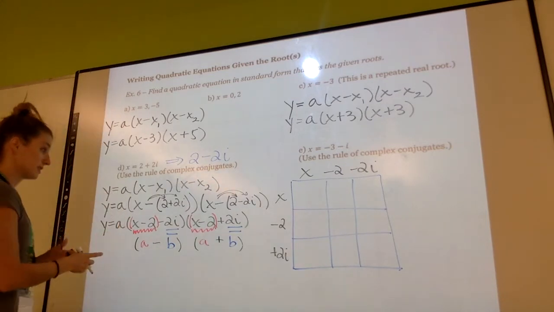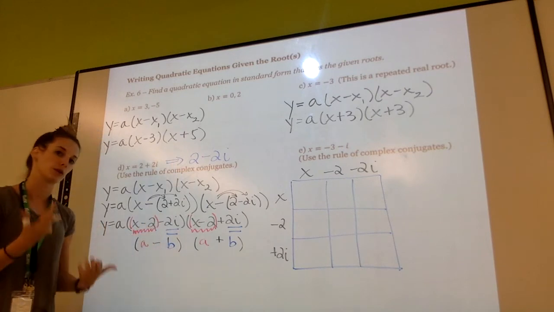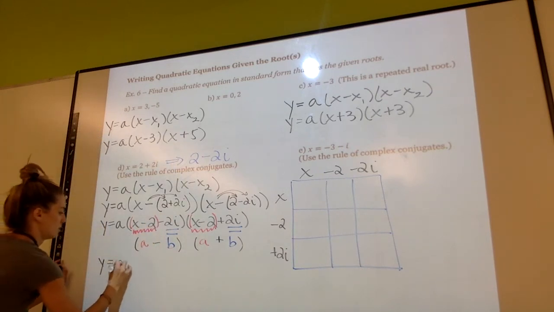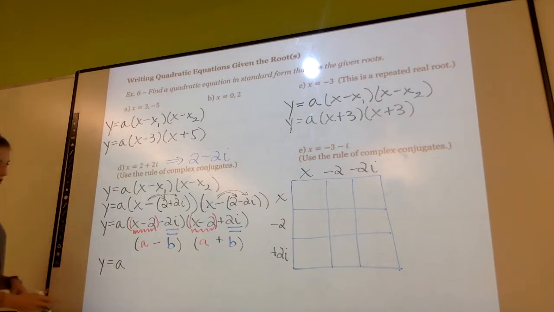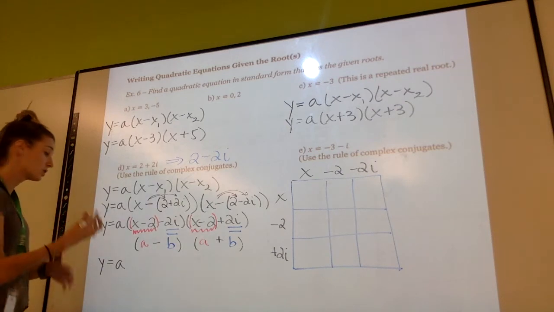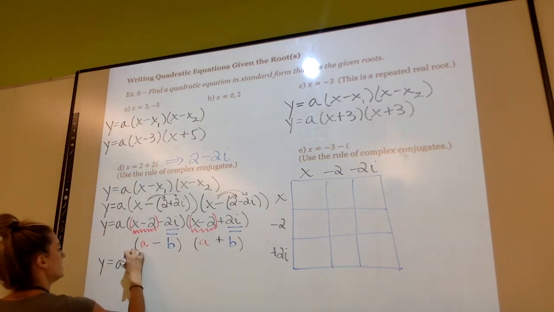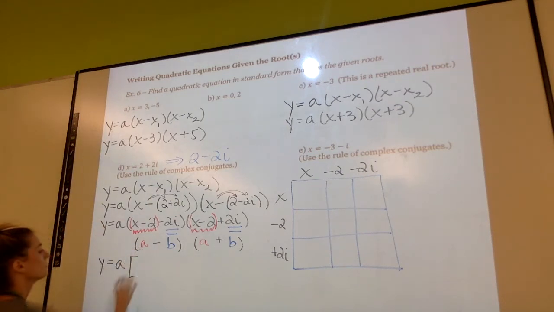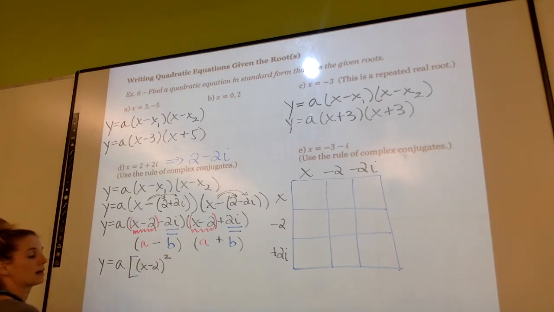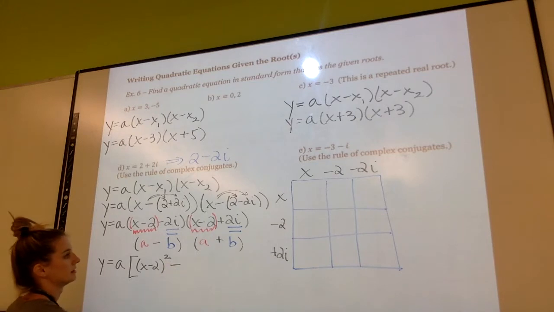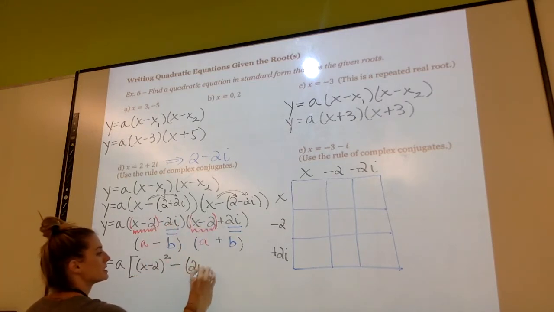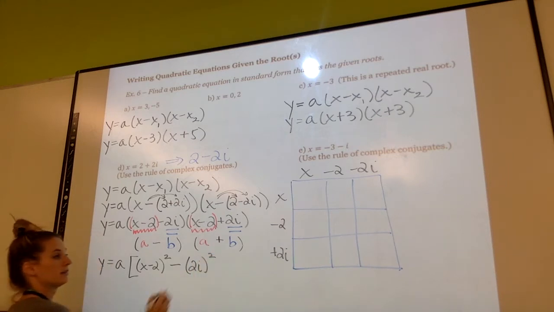And so what we can do is essentially identify, okay, well, what are the two squares here? So, carrying down my leading coefficient, this right here, that's our a value. So if I square that, that gives me a squared. I'm going to open a set of brackets here. x minus 2 squared, that's a squared, minus, and then my b value, b squared, 2i squared.